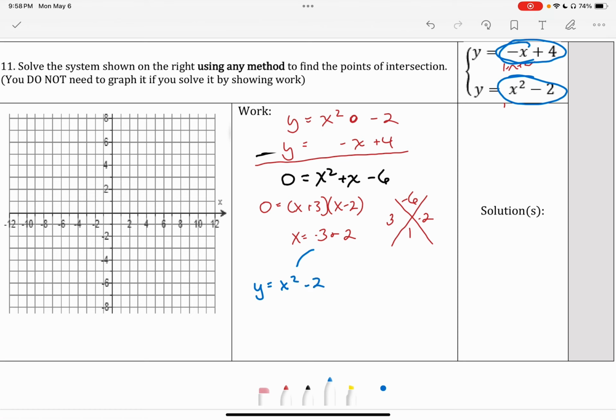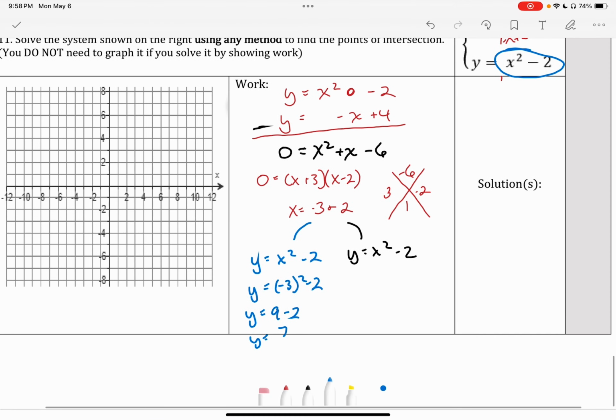And I'm going to use that with both of these. And again, I'm going to take the negative 3 and sub that into this equation. Negative 3 squared is 9. 9 minus 2 is 7. So y equals 7, giving us a point of negative 3 comma 7 for one of them.